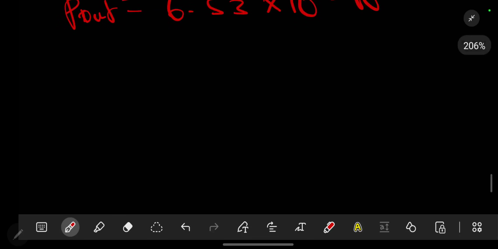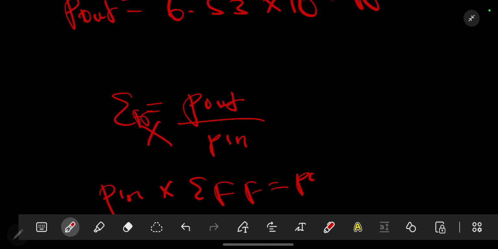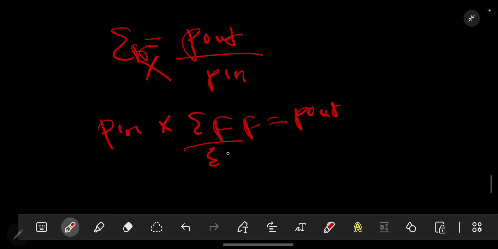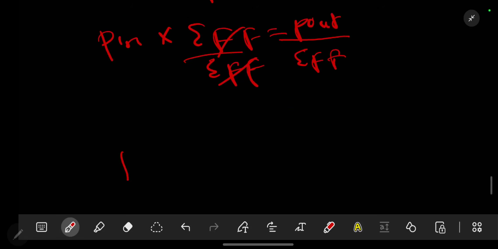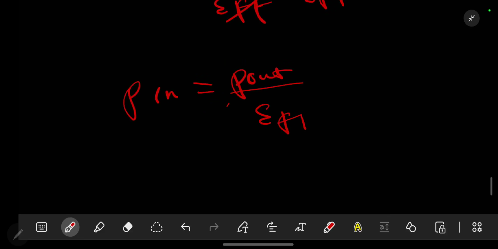Then, to find the power input, we use the efficiency. Remember, efficiency is equal to power out over power in. Cross multiply, so the power in should be equal to the power out over the efficiency.